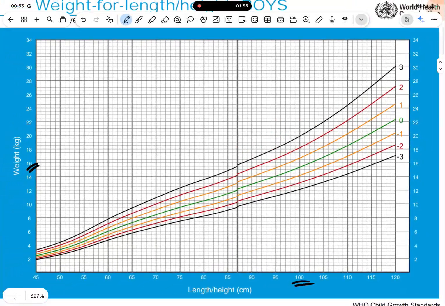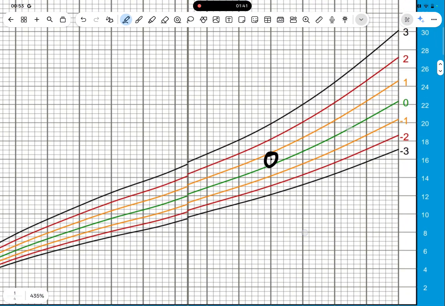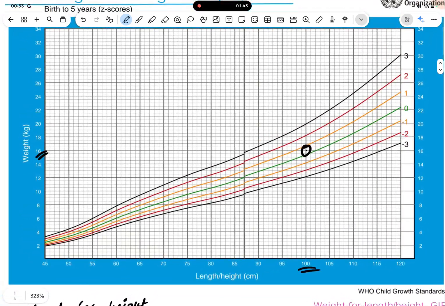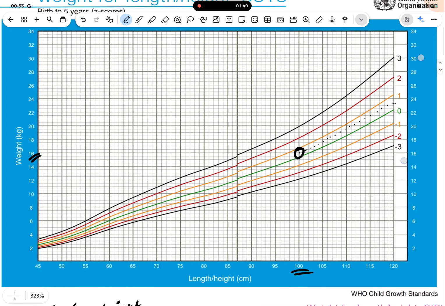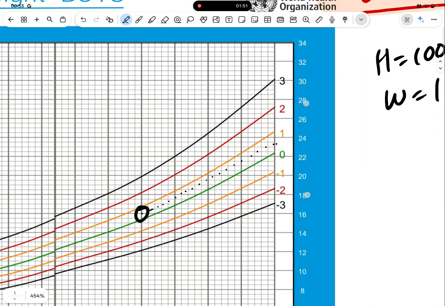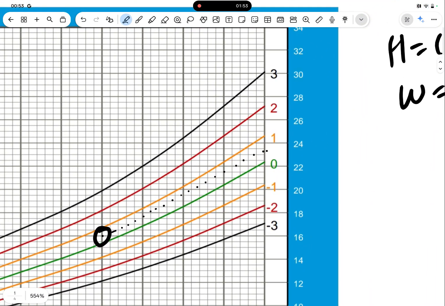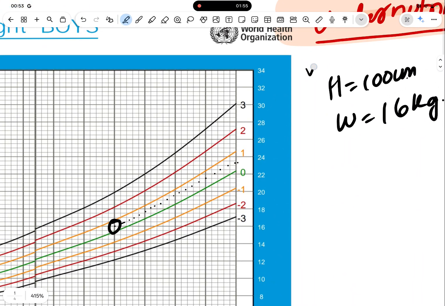It is coming here. Okay. So after plotting the graph, we have to trace it back towards the end and see between which standard deviation it is falling. So in this imaginary example which we have taken, it is falling between 0 and 1 standard deviation.